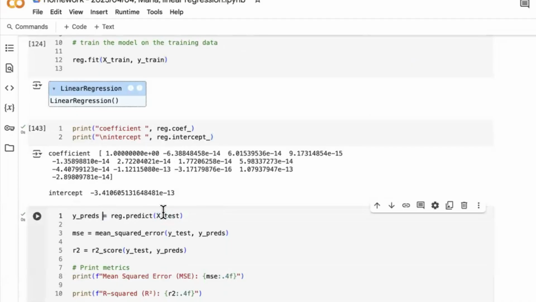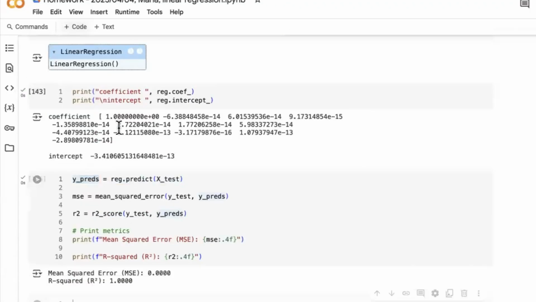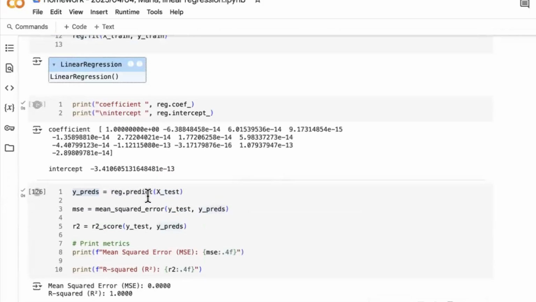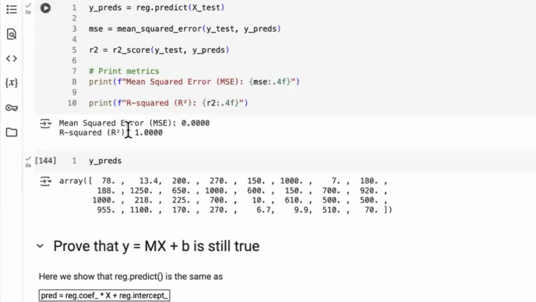So this is going to return 159 predictions, which is in here. We can look at Y preds. There's our predicted weights, okay? And then here's the mean squared error, 100% accuracy.